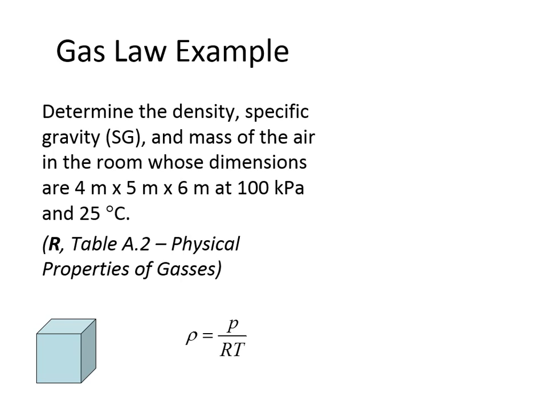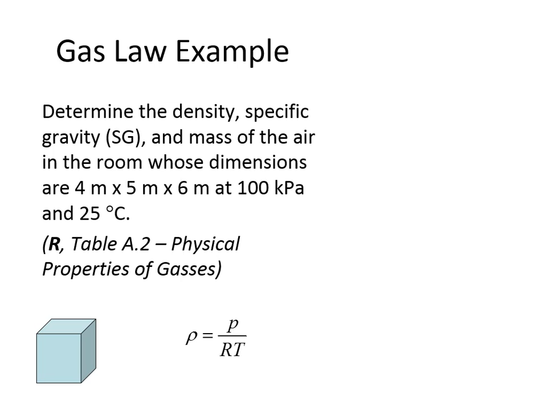And to illustrate that point, consider this example: we've got some room with dimensions of 4 by 5 by 6 meters, and inside the room the pressure is 100 kilopascals and the temperature of the air is 25 degrees Celsius.